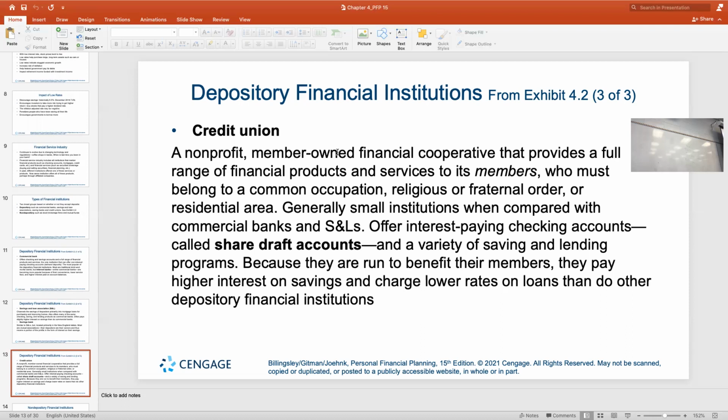Marine Corps Credit Union, or if you've worked for the fire department, or different government organizations, they'll have credit unions. Do any of you have credit union accounts? Anybody? Yes, USAA. Oh yeah, I forgot about USAA.